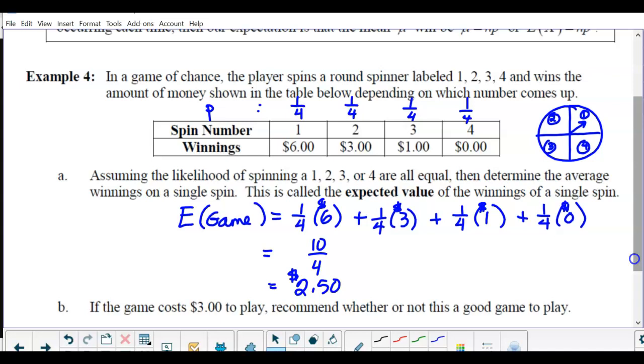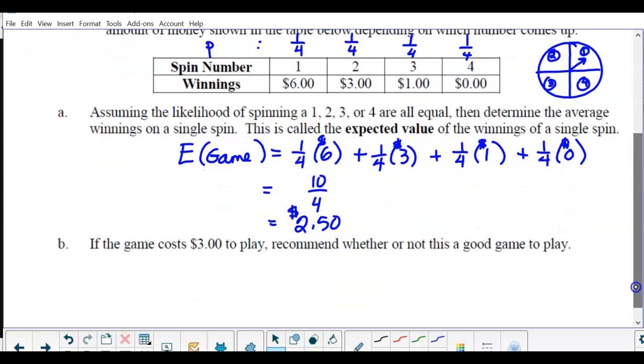Obviously, you might spin this and get 6 a few times, but then spin another 100 times and get 0, right? So this is the theoretical value that you would get if you played this an infinite number of times.